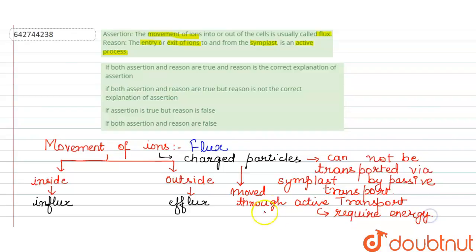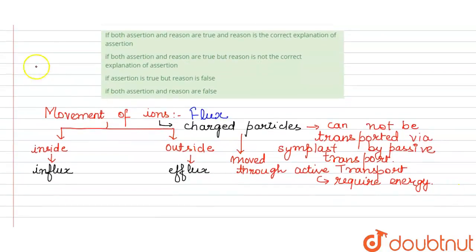Energy is utilized. This is the expenditure of metabolic energy, which is a kind of active process, right? This is a kind of active transport. So here both the statements we can see are true, but the reason statement here is not explaining the assertion statement.